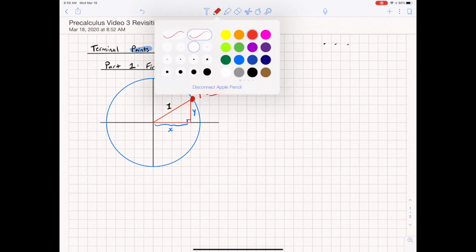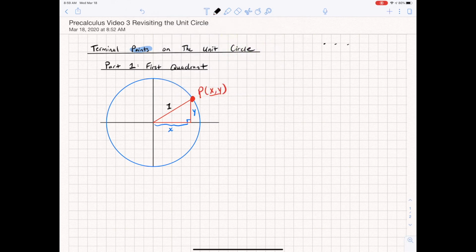Specifically, this right triangle and this ordered pair are formed when I rotate or travel around the circle theta angles, either in degrees or in radians. From here, we can establish a relationship between x and y and the angle using the trigonometric ratios that we talked about in the previous video.